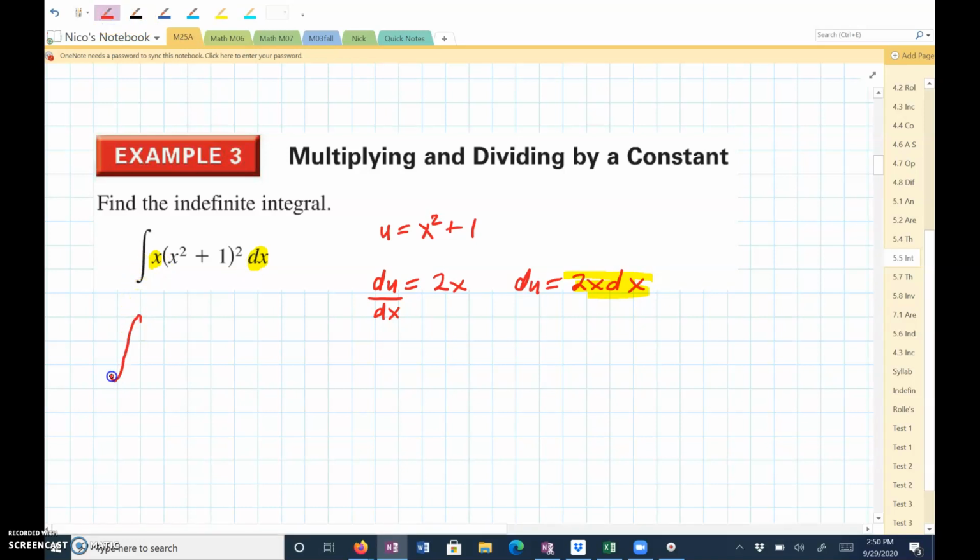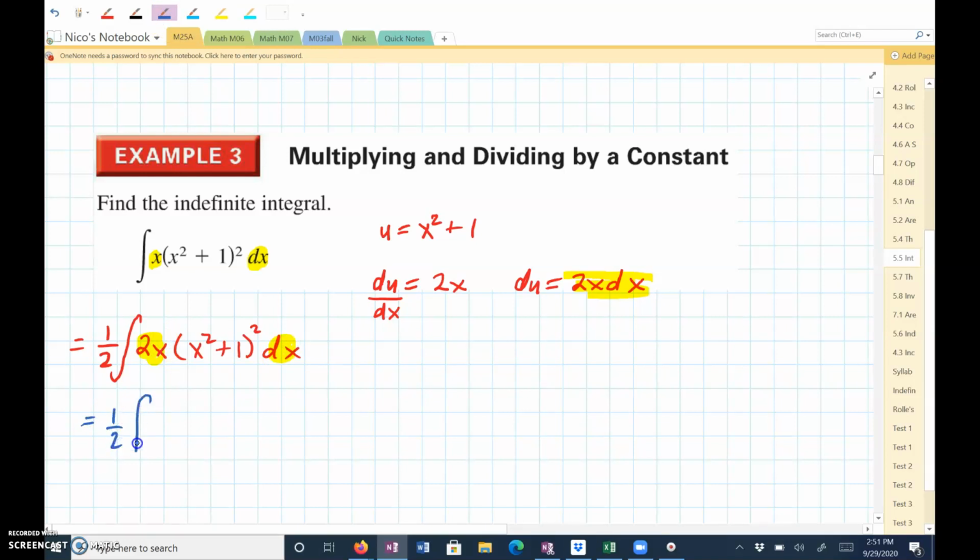I can say, all right, let's make this 2x, which changes the whole problem, but then I can also multiply it by 1/2. So now it's equivalent. So now the 2x dx, I'm going to substitute that in.